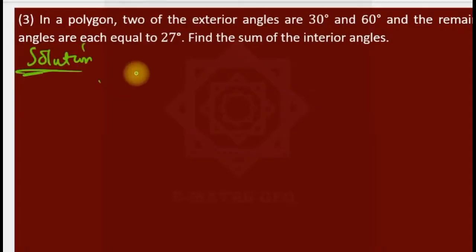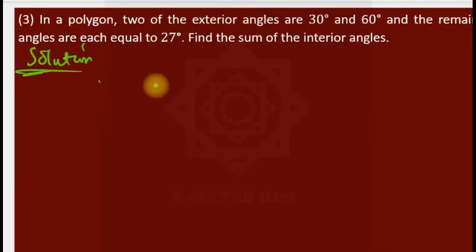Remember, the number of sides equals the number of exterior angles. So since we are given 2, we know that we're already given 2 sides. So we need to get the remaining sides.